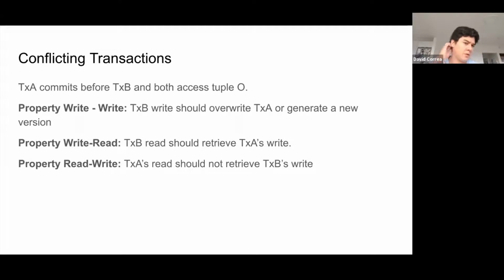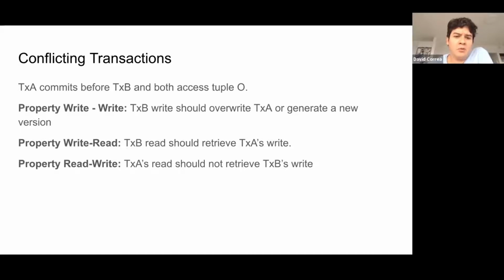In order to better explain how it works, let's first define certain properties of a conflicting transaction and what should happen with correct concurrency controls. So let's take an example where transaction A commits before transaction B, and both of them are accessing tuple O. We define three properties of what should actually happen.